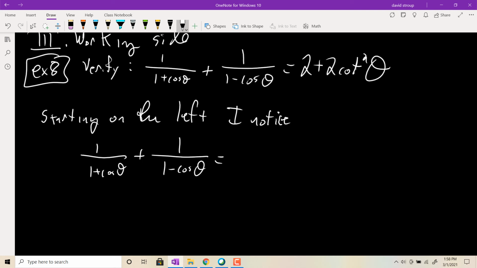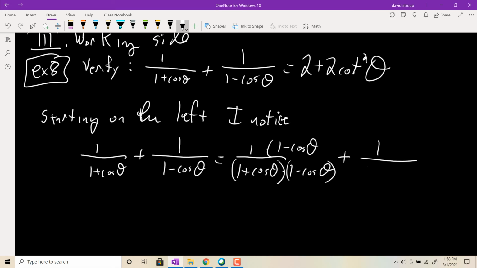My instinct is to find a common denominator. So on the first fraction, I'll multiply top and bottom by its conjugate, which is basically the denominator in the second fraction, so it's 1 minus cosine theta. To make it clear, I'm multiplying the entire object by 1 minus cosine theta. And on the other fraction, top and bottom by 1 plus cosine theta.